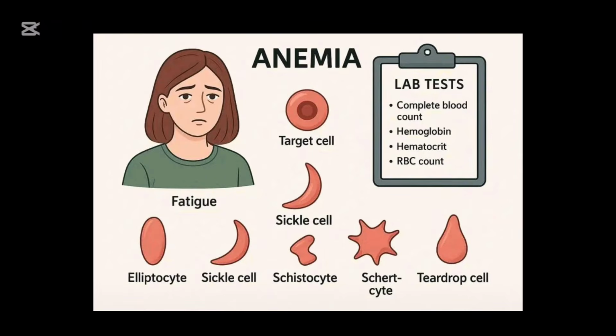Then we do have normocytic anemia, MCV 80 to 100 FL. In that case, we have acute blood loss, hemolytic anemia, anemia of chronic disease, and aplastic anemia. Then we have macrocytic anemia, that's MCV greater than 100 FL.